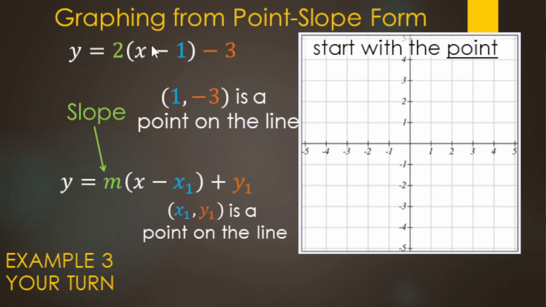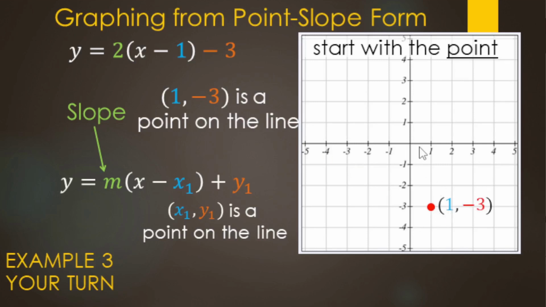So remember, if it's in the parentheses, in our brains, we're just switching it from a minus to a positive or vice versa. If it's a plus there, then it's going to be a negative there, if it's in the parentheses with the x, okay? Because this is minus a positive 1. Minus a positive 1, okay? So anyhow, 1, negative 3, that's where we're going to start right there.